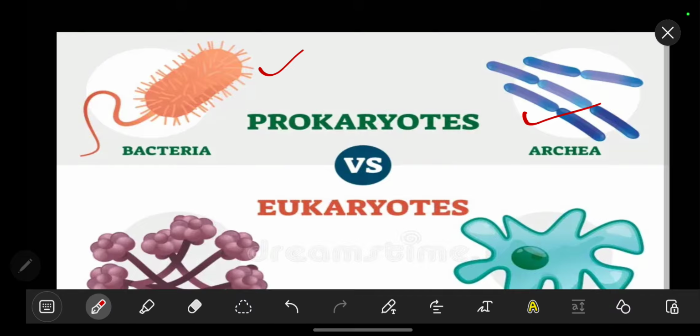Now the other category of life is what we call eukarya. This one is the most diverse, having many organisms. Though prokaryotes are numerous, the size and the complexity is greater in eukaryotes.